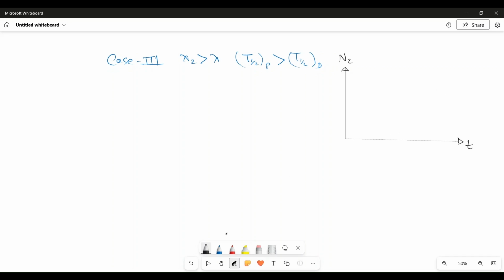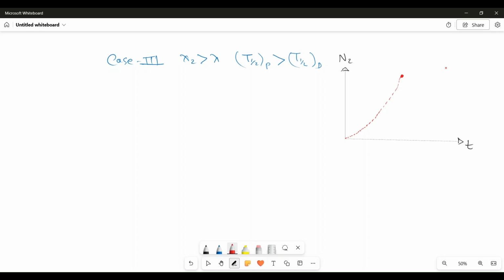What happens is at t equals 0, N2 is 0, right? Because the parent has not decayed yet. After some time the parent is decaying and I am getting N2, right? And at some point we will have the maximum number of N2, right?